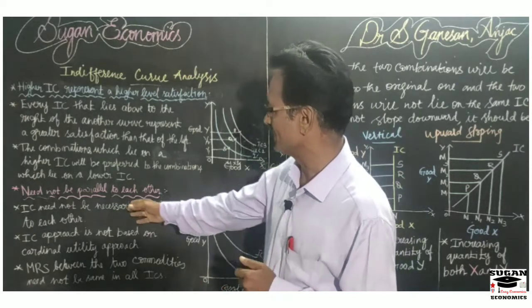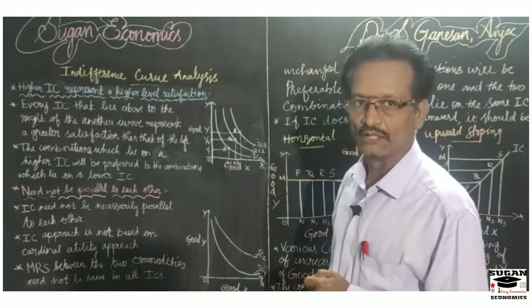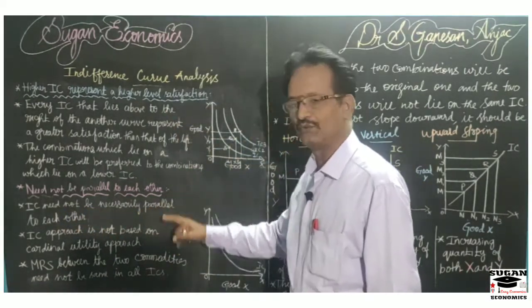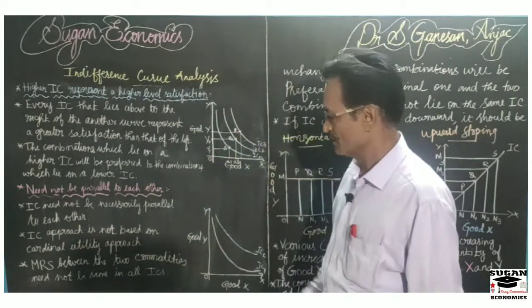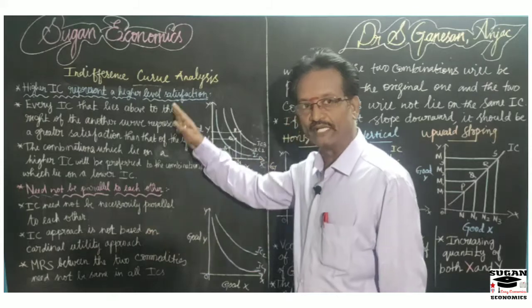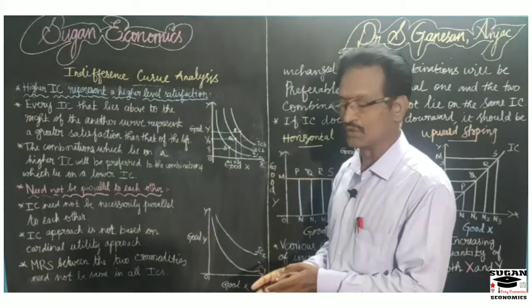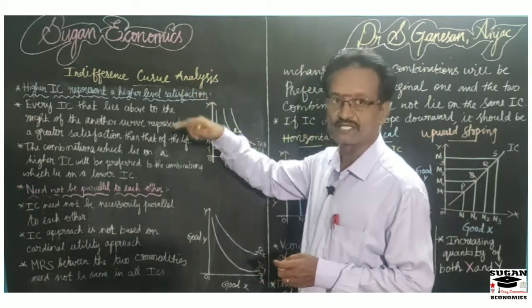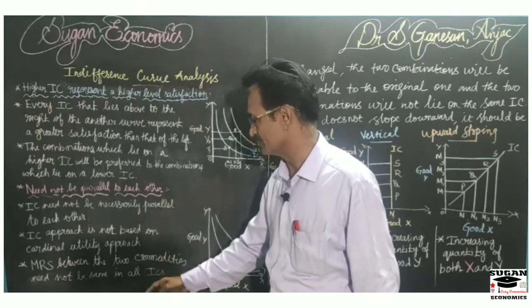Now the last point, the fifth point: indifference curves need not be parallel to each other. The indifference curves need not necessarily be parallel, because the indifference curve approach is not based on the cardinal utility approach. Indifference curve analysis is based on the ordinal utility approach, so we call it ordinal analysis or ordinal utility analysis.